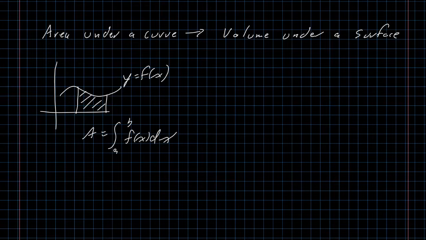Extending that from a picture of x and y to a picture of x, y, and z. I apologize, this is going to be a terrible picture, as it always is when I try to draw things in 3 dimensions, but it will mostly get the point across.